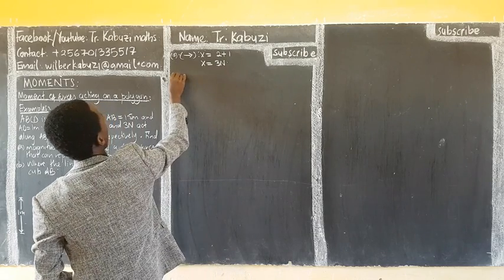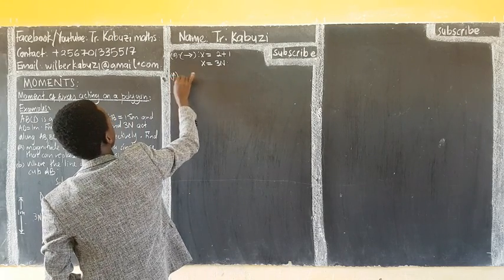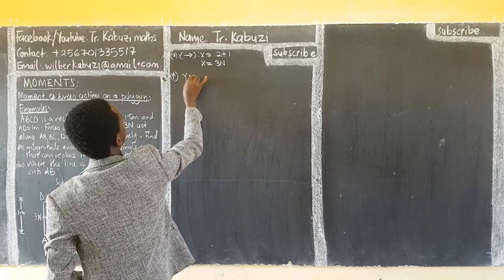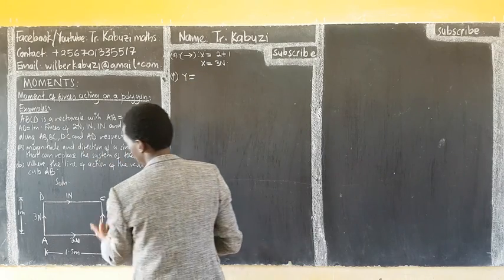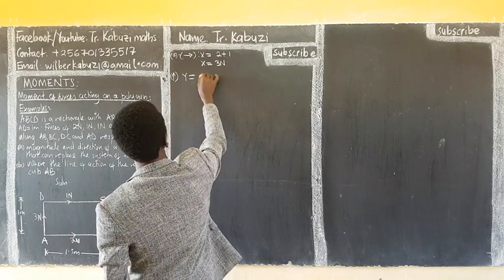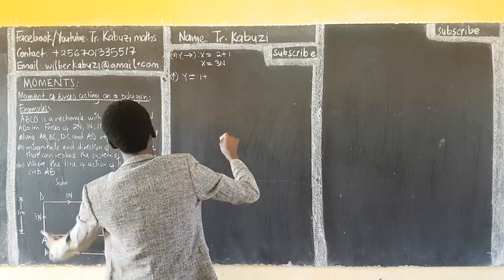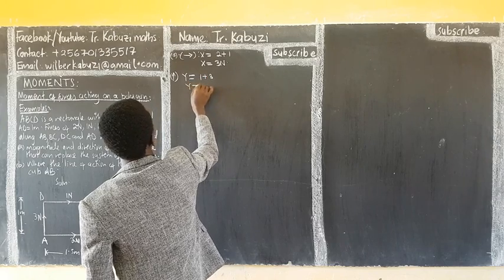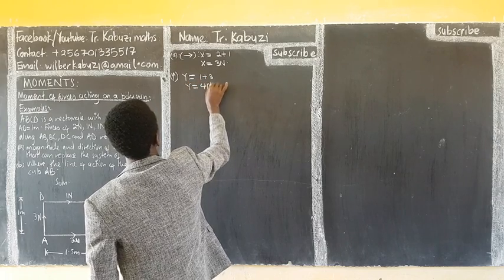Then if I get the vertical components, I have my y going up: we have 1 plus also this one, which is 3. So my y here is going to be 4 newtons.